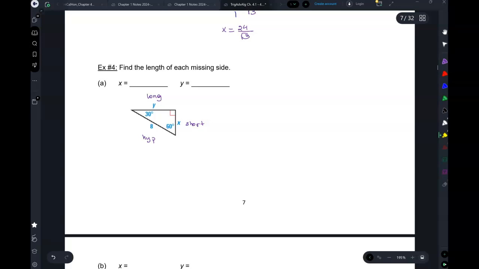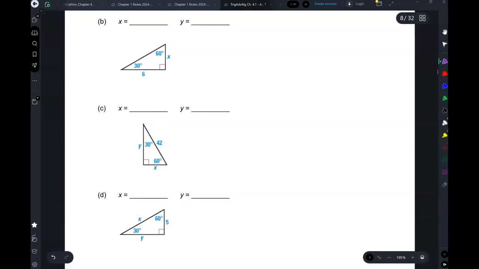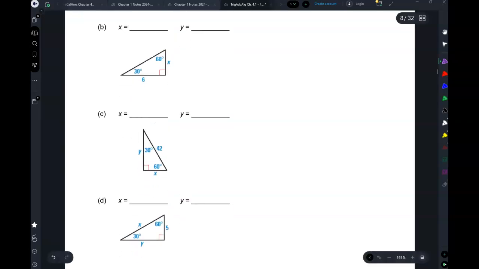Because you're given the hypotenuse, that's what you start with. So hypotenuse equals short times 2. 8 equals x times 2. X is 4. And then how much is the longer leg? 4 root 3. Okay. Next, take a minute and do B, C, and D here, please.